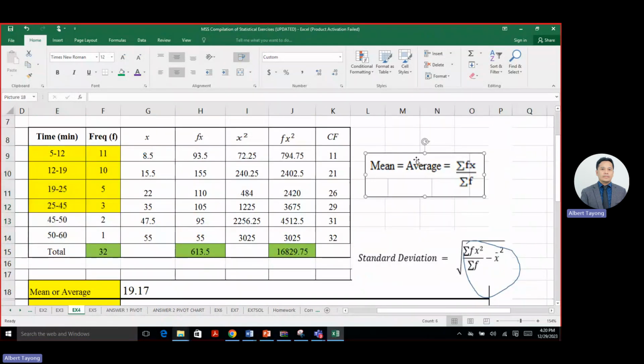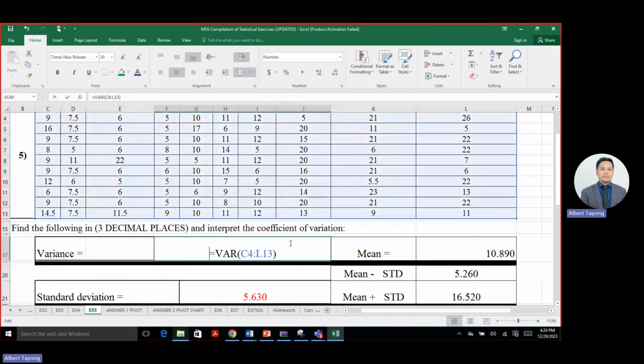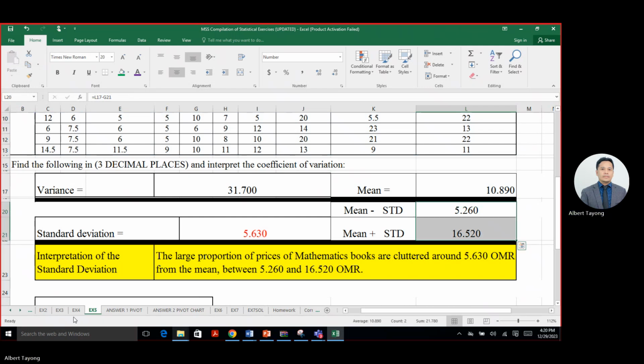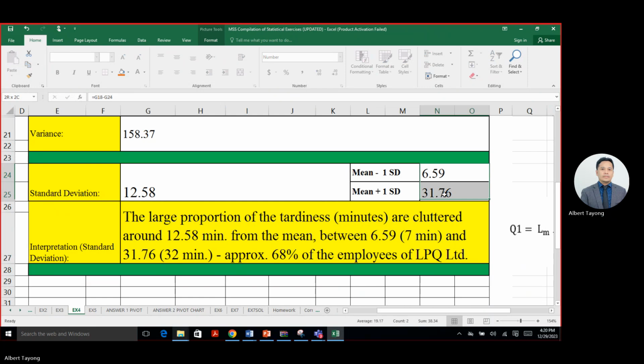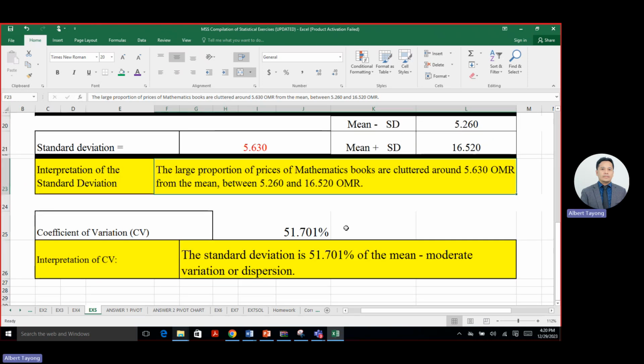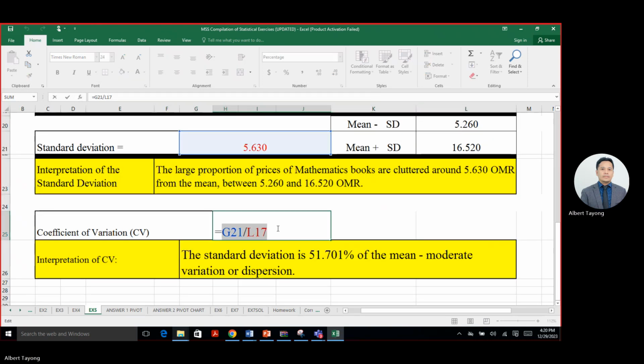So for group data, we have to use these formulas. For raw data, we have to use equals VAR for the variance, equals STDEV for the standard deviation, equals AVERAGE for the mean, and here we have to follow the same. Here, x4, we have the same for mean minus SD. For the coefficient of variation, it is the standard deviation divided by the mean.